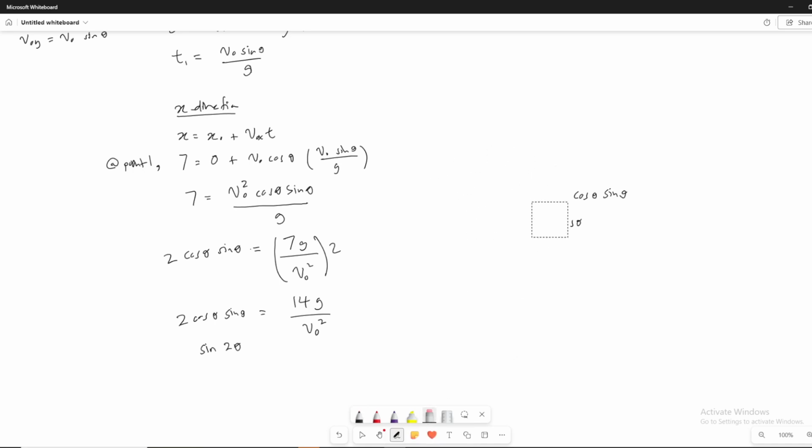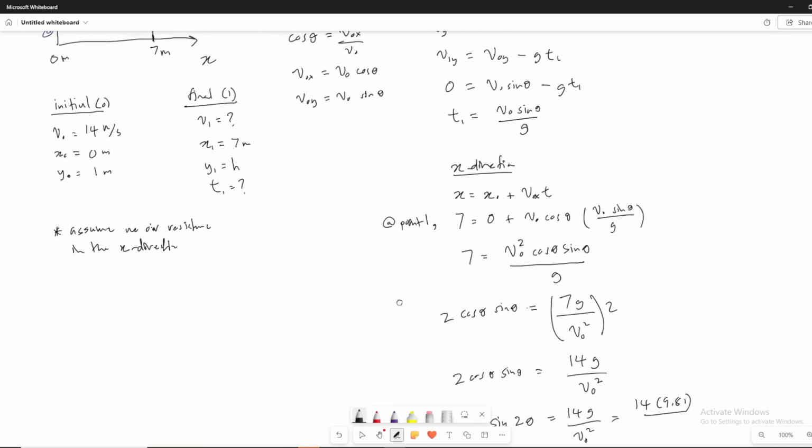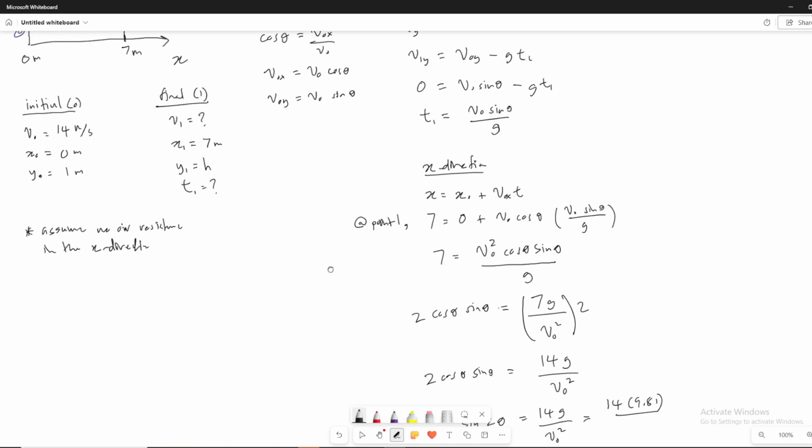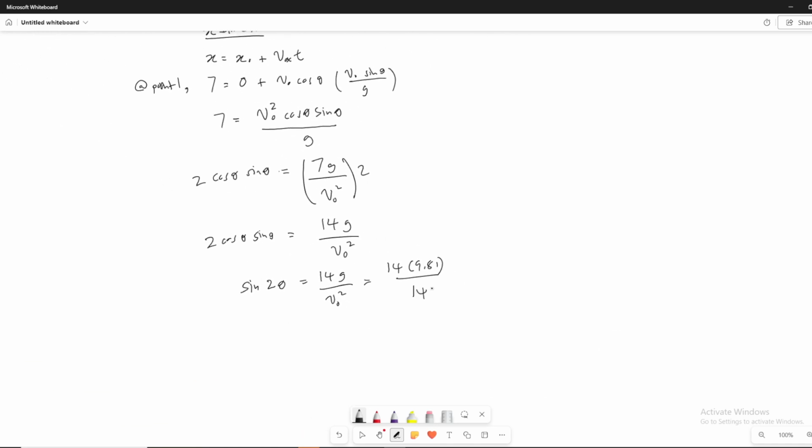So from this, we have sin 2 theta equals 14g over V naught squared, and we know that g is 9.81 and V naught is 14, squared. So we will get 0.7004 something.